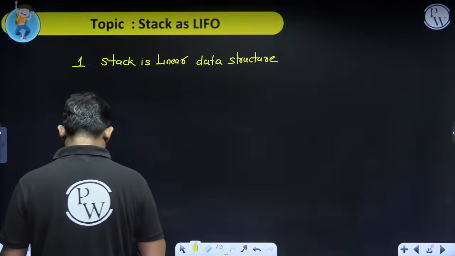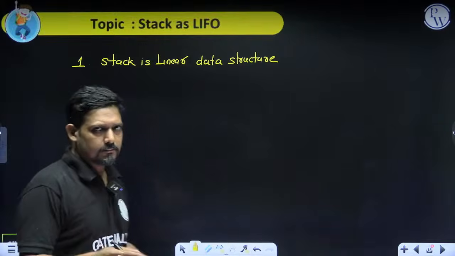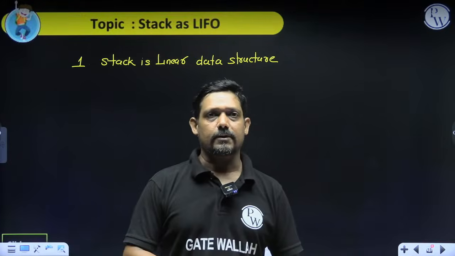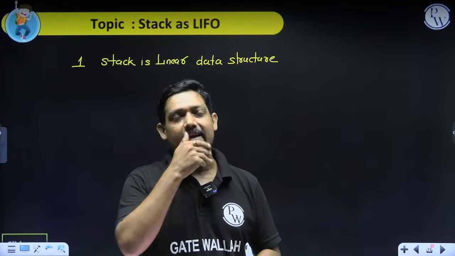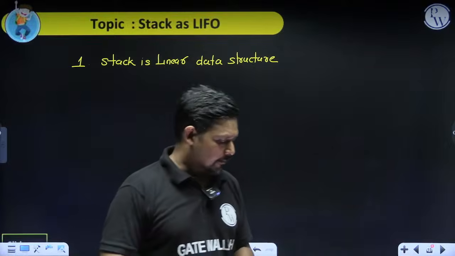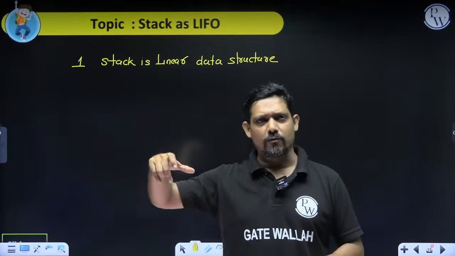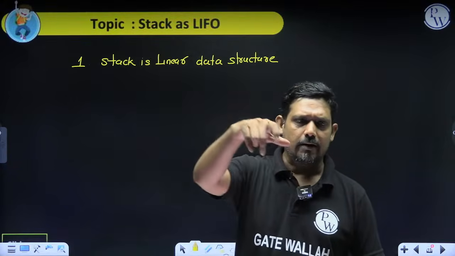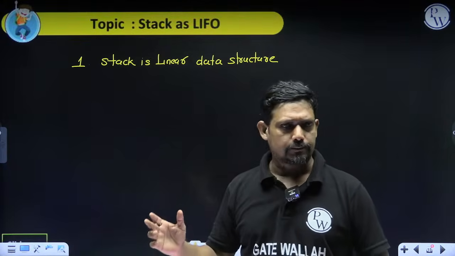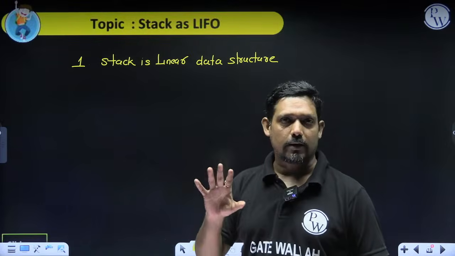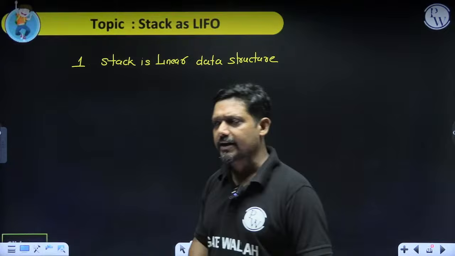Linear means one element will be logically related with only one element, like a train's coaches. Behind one coach there is only one coach, forward also and backward also. Moving forward only one coach and backward also one coach. That is basically called a linear data structure.